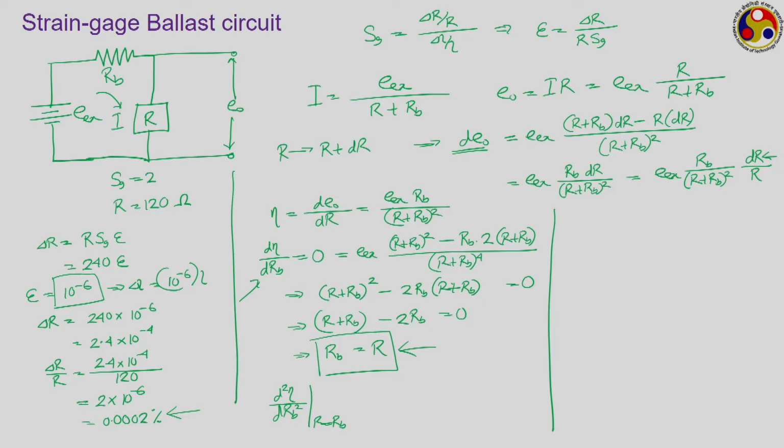So, if we have R equal to RB, then dE naught is equal to EEX into RB by (R plus RB) whole square into dR, that is EEX by 4R dR. Or, if we want to write it a different way, dE naught by EEX is equal to 1 by 4 dR by R. So, this is the output of the instrument.